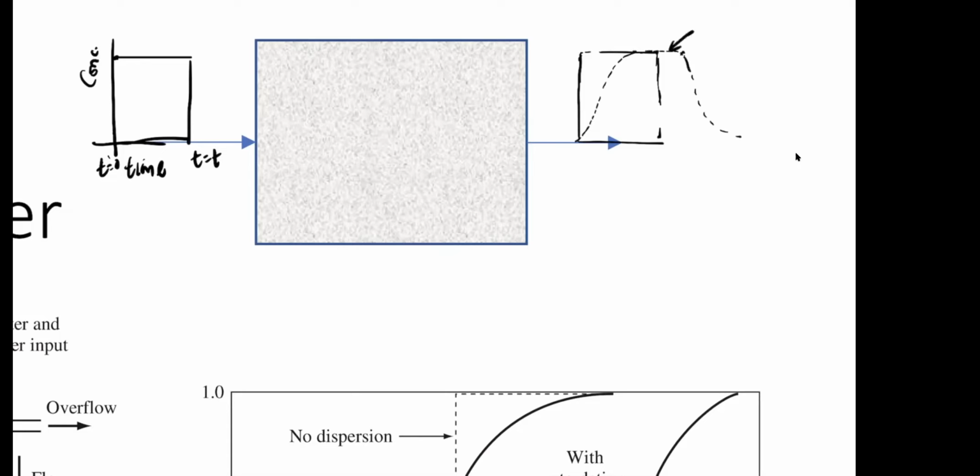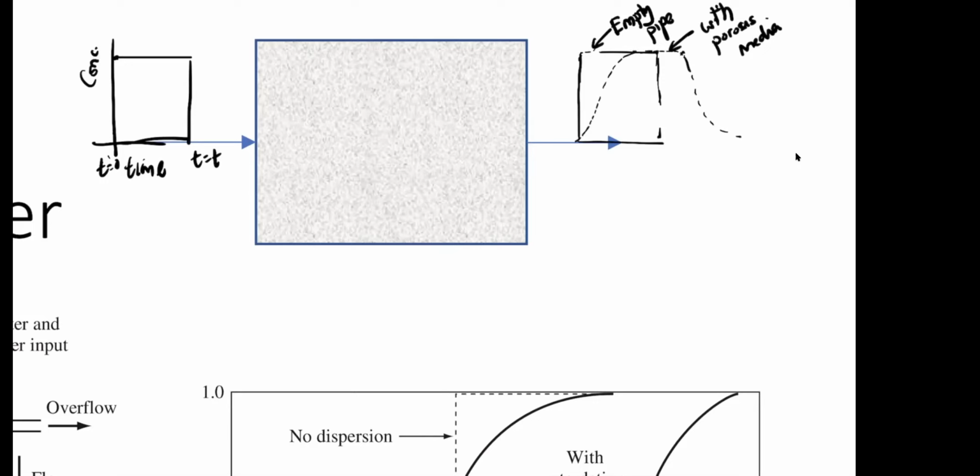So this is with porous media. This is an empty pipe. If you are just injecting a pollutant in a pipe, the concentration profile will look exactly like what you injected.